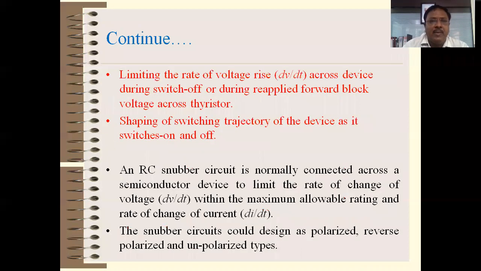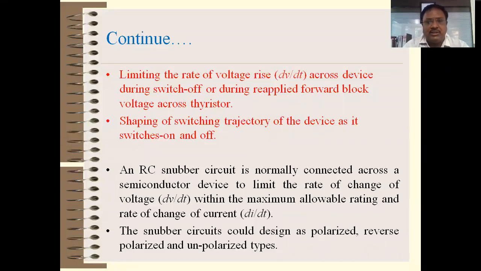Then there is limiting the rate of voltage rise, that is dV by dt, across the device. Normally these snubber circuits are mostly used to avoid high rates of change of voltage across the device, and for shaping the switching trajectory of the device as it is switched on and off. This is also another source of high voltage spikes.